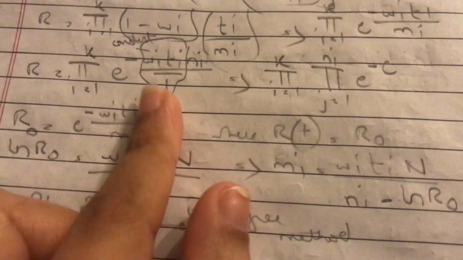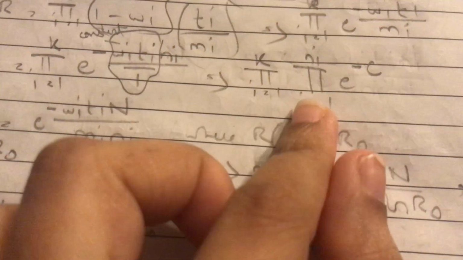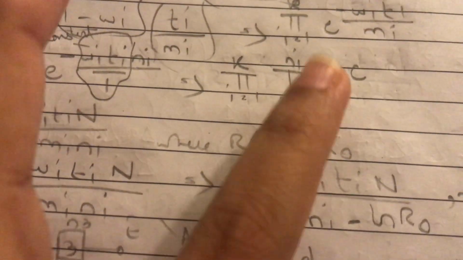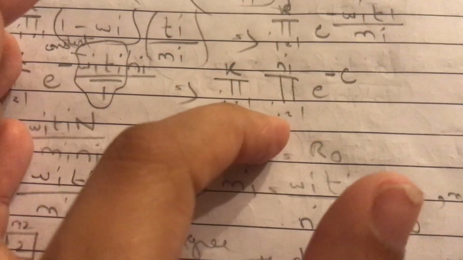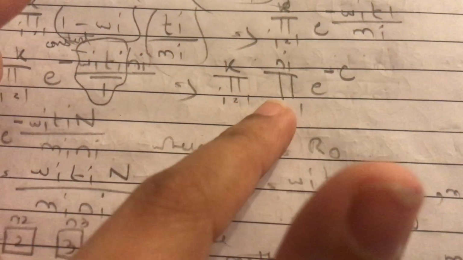Why is it in capital? Because above we had limits at time t, so we have ni, with j going from 1 to n and i going from 1 to k.